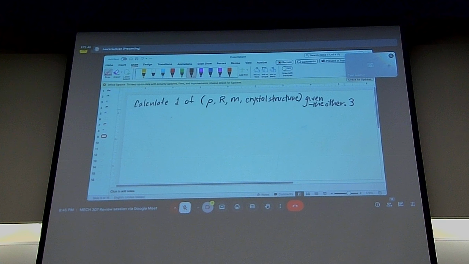And I'll give you that equation that has the xy cubed in it. So density is xy cubed, that's a function of crystal structure, times the atomic weight or atomic mass.